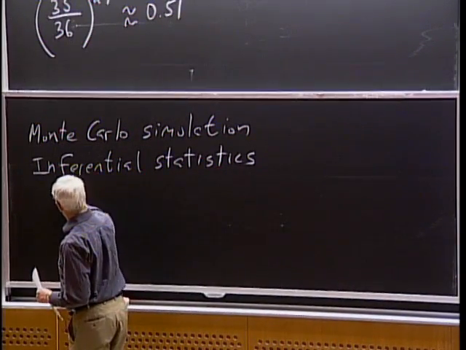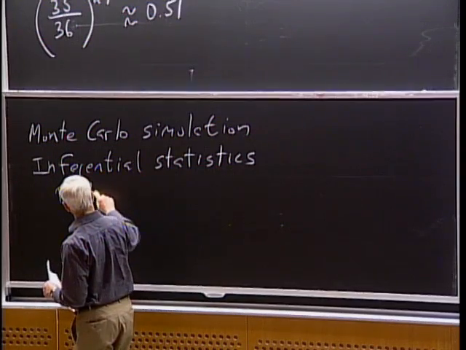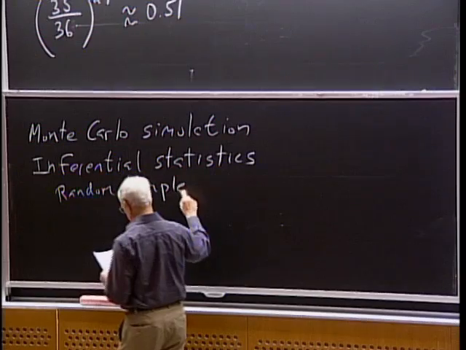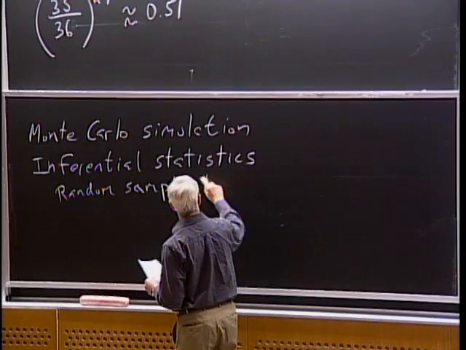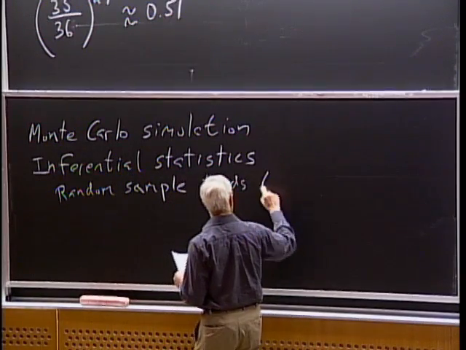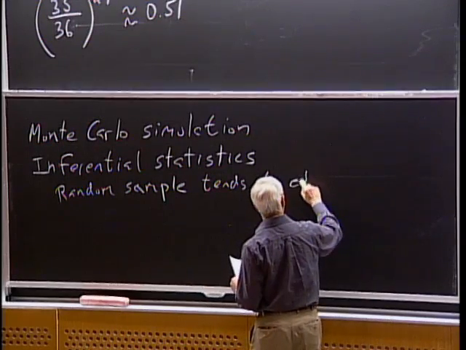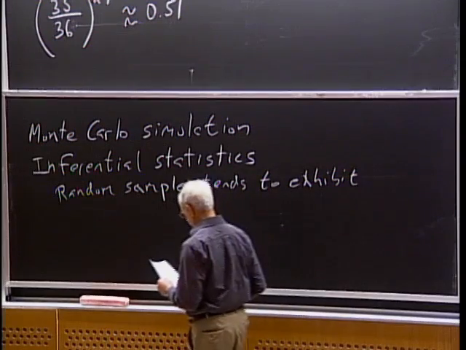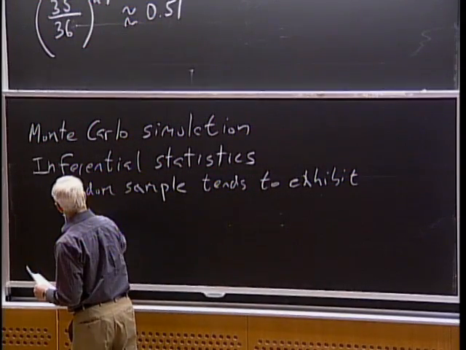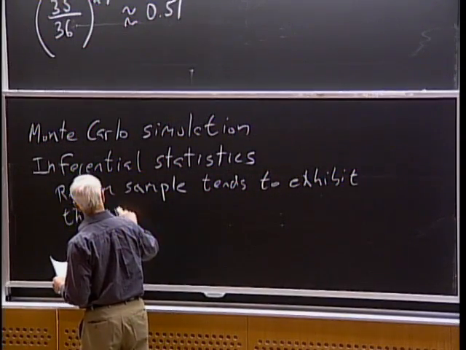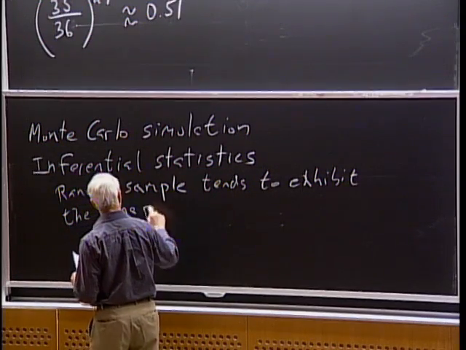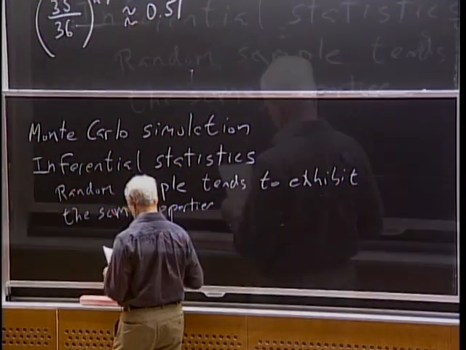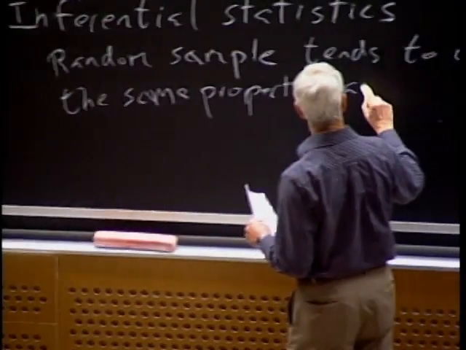And that principle is that a random sample tends to exhibit the same properties as the population from which it is drawn.